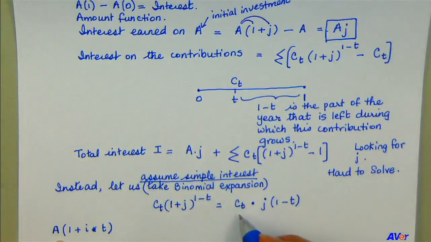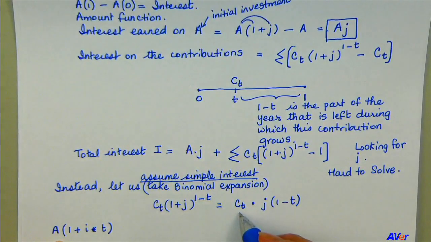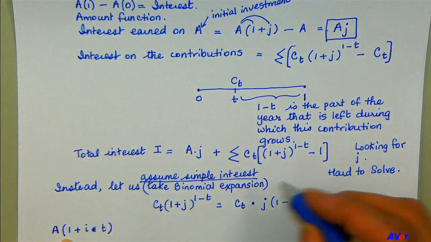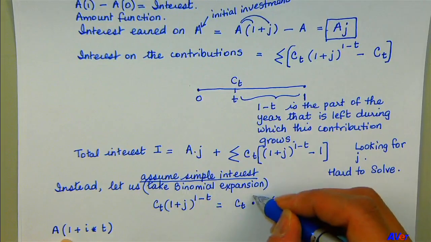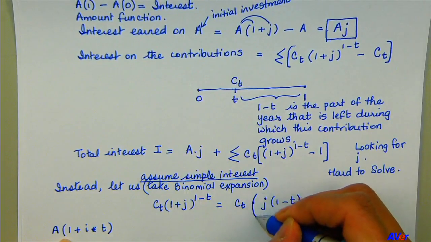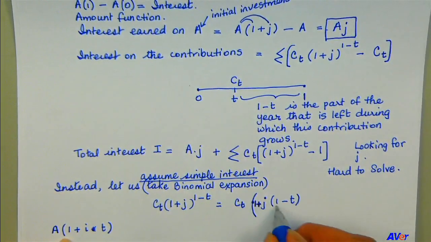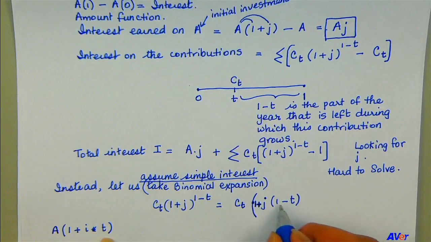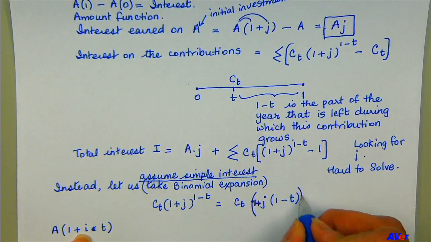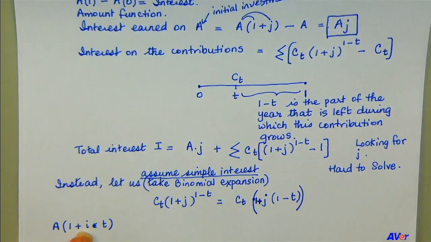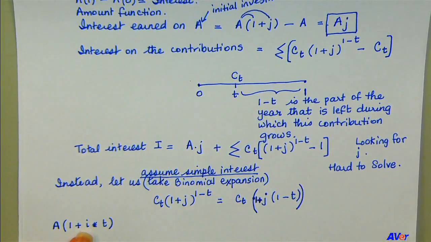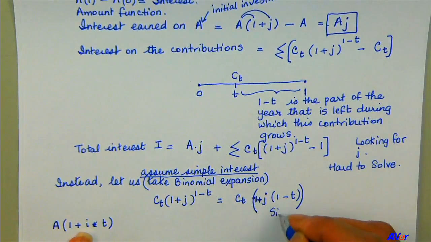I'm starting with CT, so I should probably have a 1 plus here, times 1 plus this is the time that it's going to be invested, and this is the interest rate. Does that make sense? This is the simple interest.